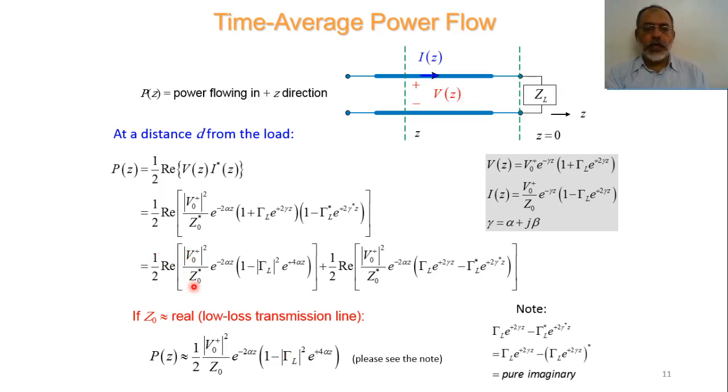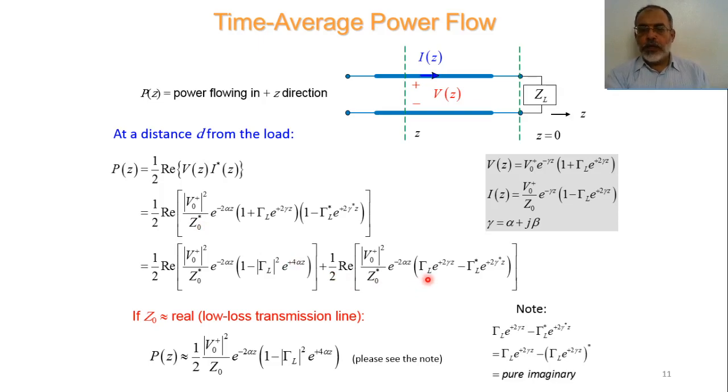Effectively, the characteristic impedance is usually near to real. For the case of a lossless transmission line, it is pure real, so we assume Z0 is nearly the real value. In this case, the real part of 1 over Z0 conjugate is nearly 1 over Z0, the real part of Z0.